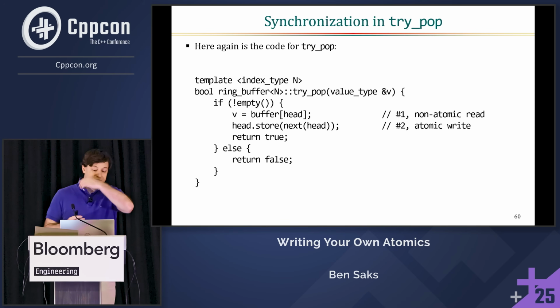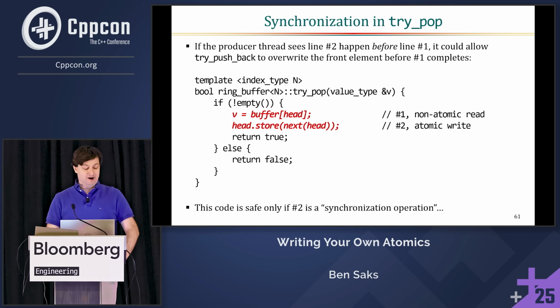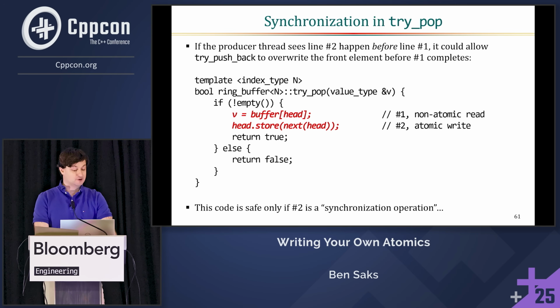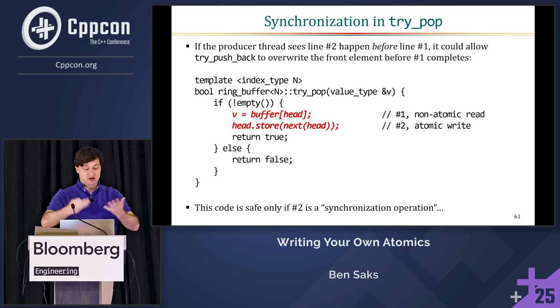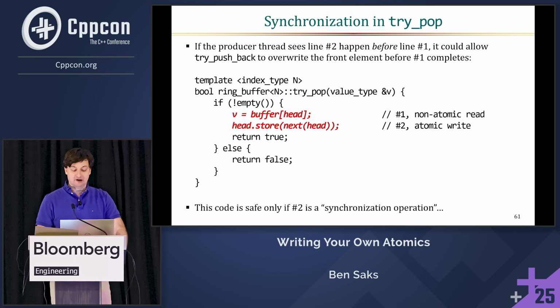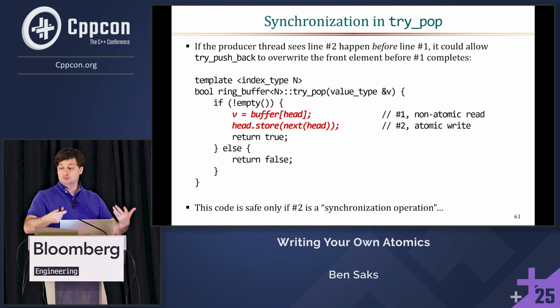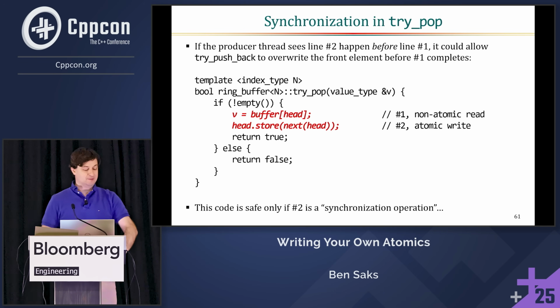But if the compiler happens to reorder things, or if for some other reason the producer thread sees line 2 happen before line 1, it might go ahead and let try pushback run in such a way that it would overwrite the front element in the middle of it being read, and we could get a synchronization problem. We could wind up with corrupted data.